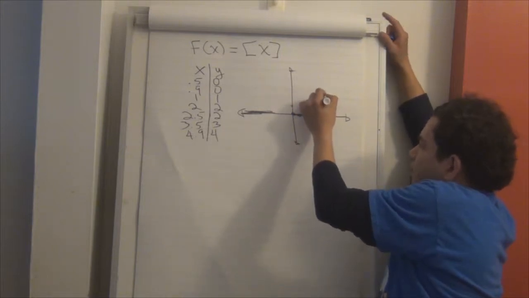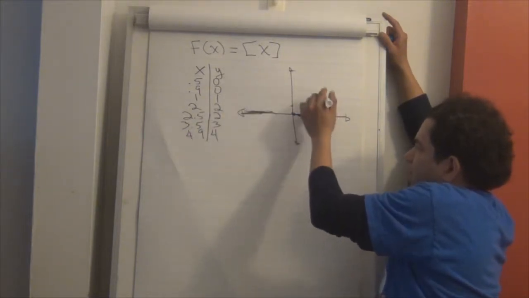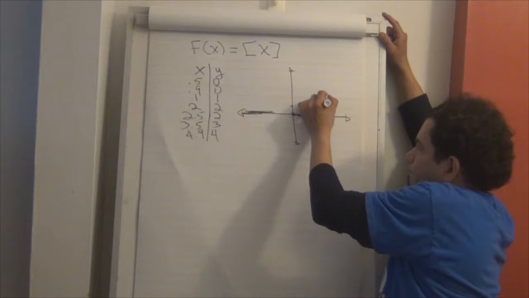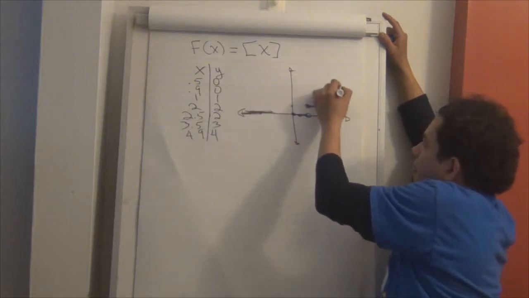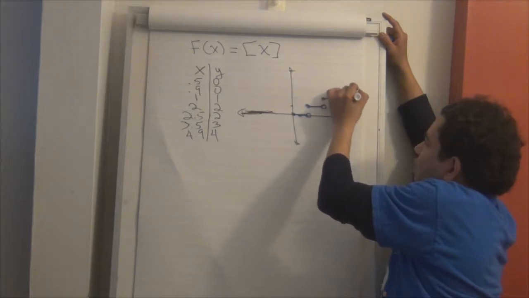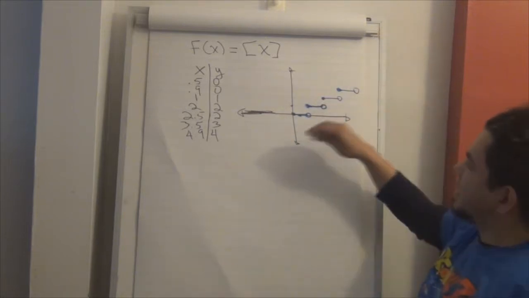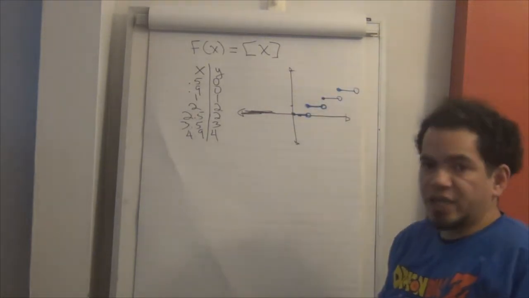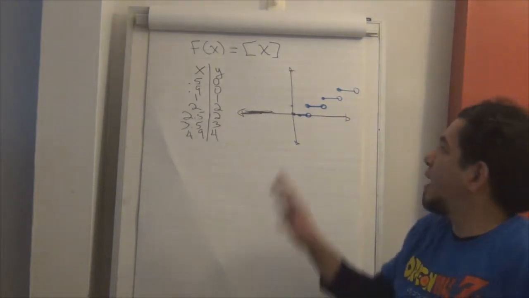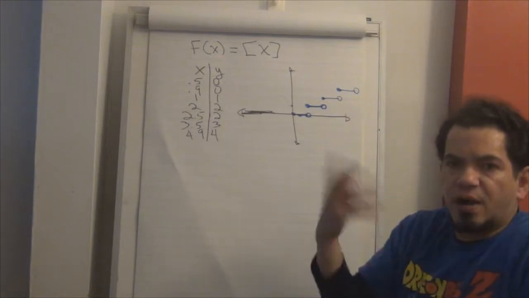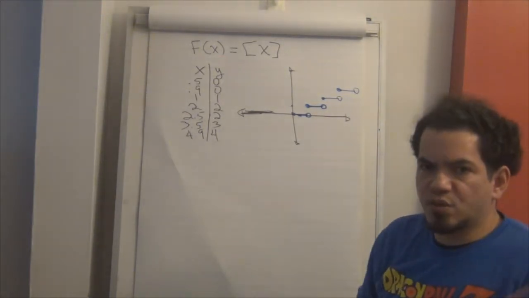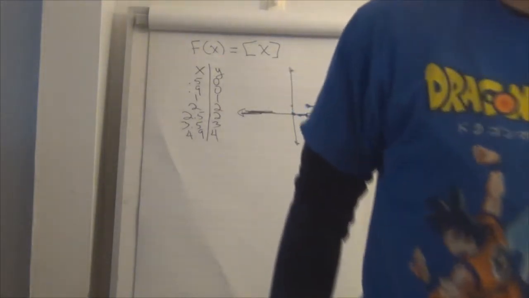And then, when x is 2, right here, you go all the way to 3, see? And then when it's 3, you go all the way to 4. And that's basically your greatest integer function and what we call step functions. We're going to look into this when we solve our more Regents problems. All right, let's get to work on the Regents problems.